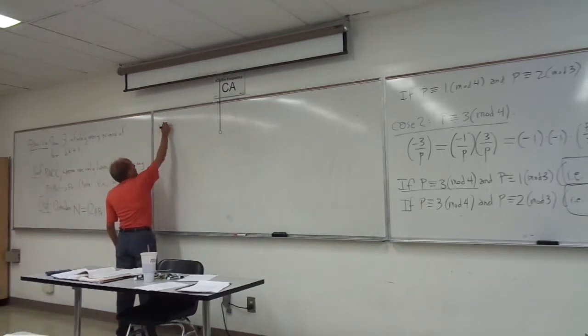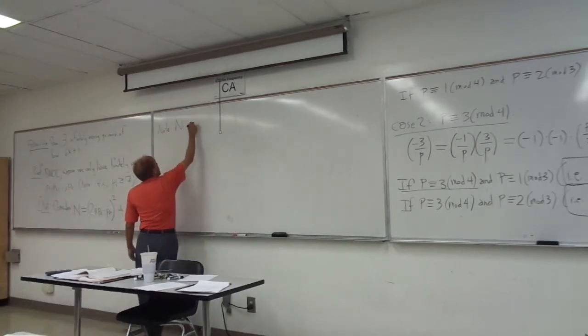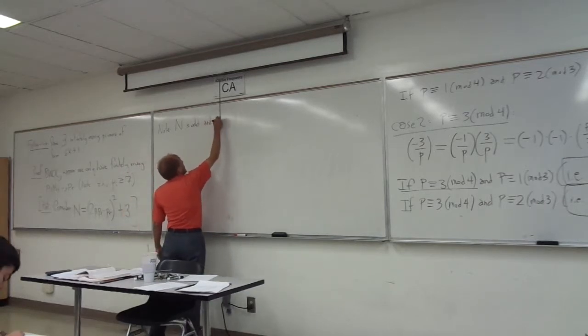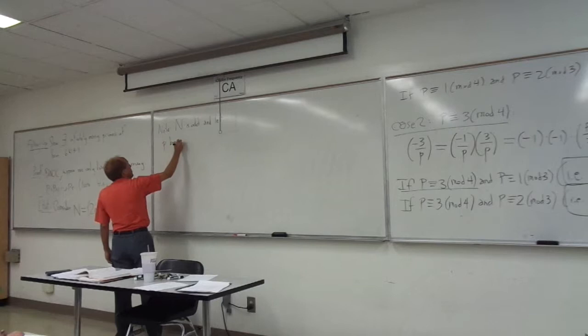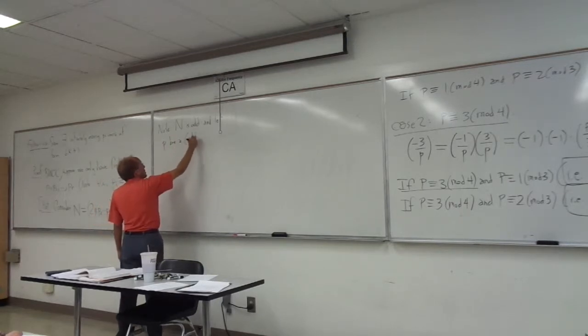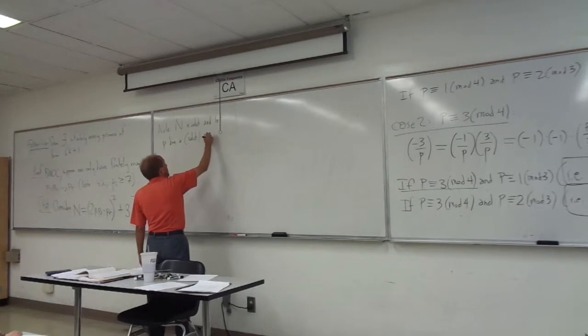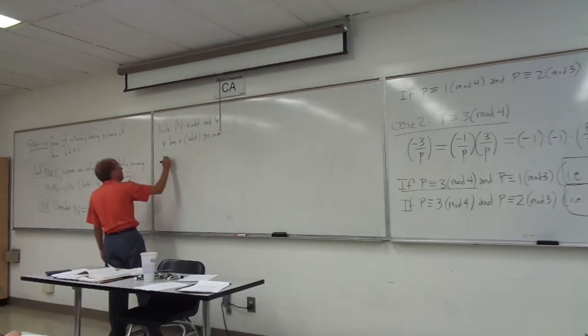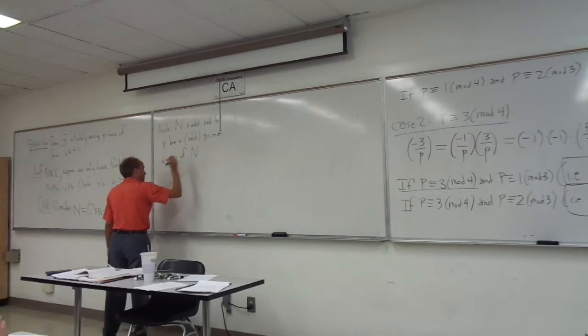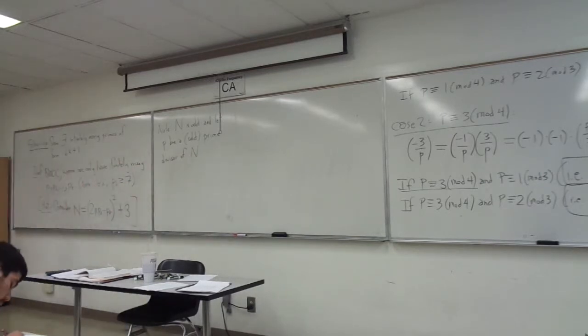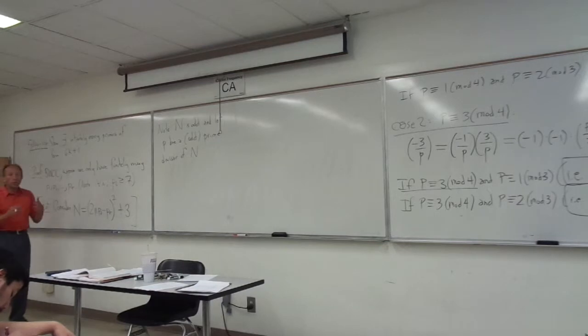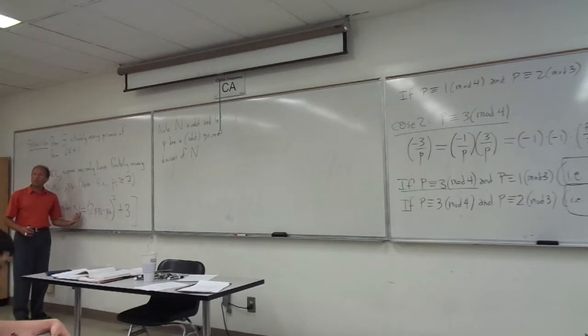So note that n is odd, and let p be an (I'll put it in parentheses because it's basically implied) odd prime divisor of n. Okay, so saying that p is a divisor of n really just means that in the world of mod p, n is just 0. Does that make sense?